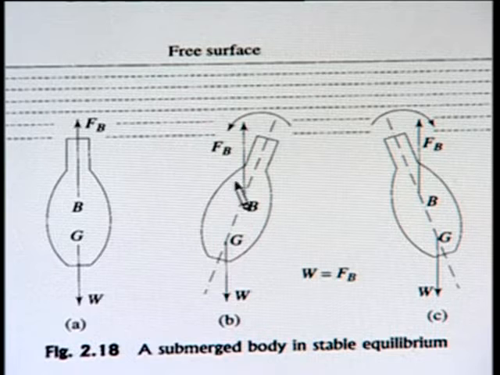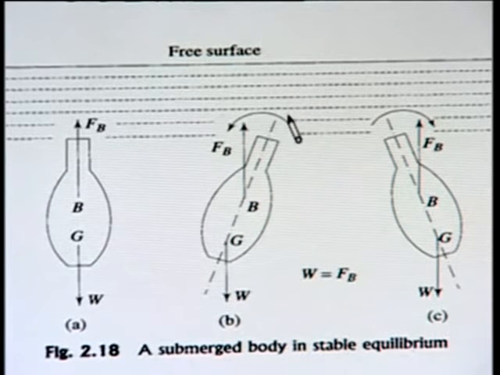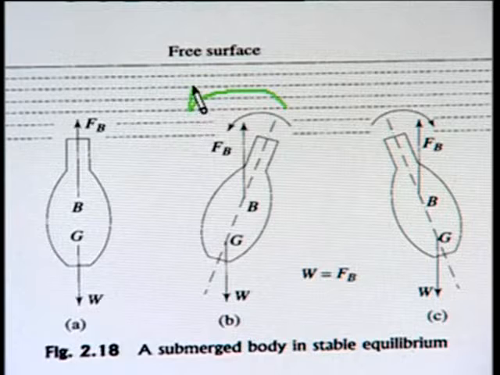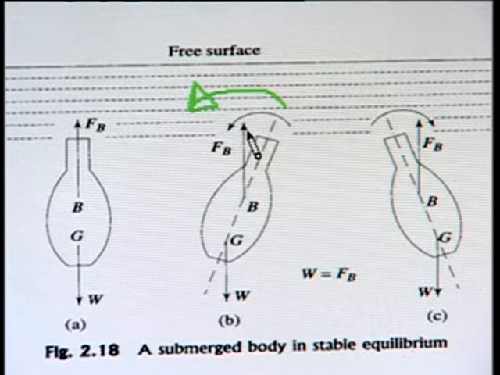So these two forces will make a couple, and this couple will act in the counterclockwise direction, as shown here, and its magnitude will be equal to FB multiplied by the parallel distance between these two forces.